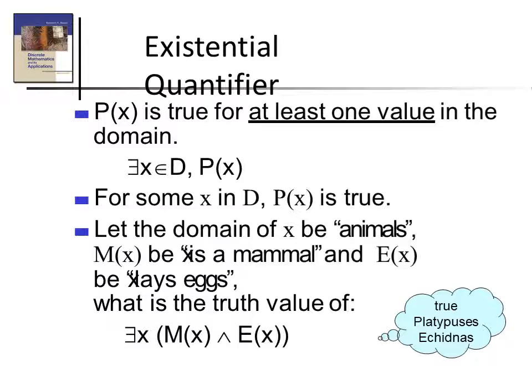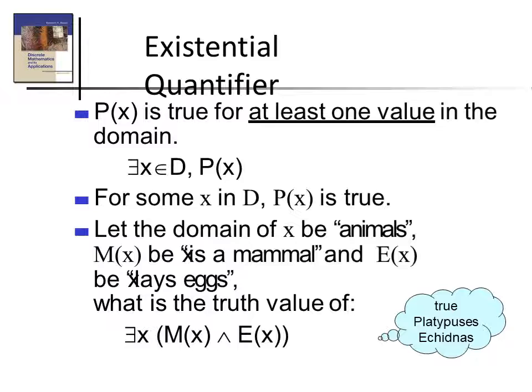Next, the existential quantifier. In the universal quantifier it is true for all values, but in the existential quantifier there is at least one value in that domain for which it is true, then we can say it is an existential quantifier. There exists an x belonging to D, P of x.